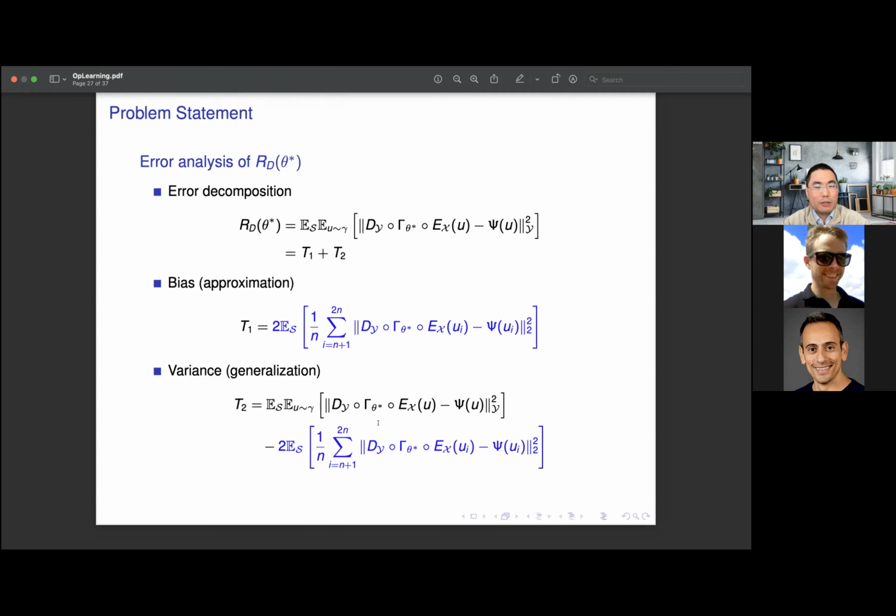As for the second one, it is called a generalization analysis. We want to quantify the difference of the empirical loss and the population loss, essentially quantify how well the average of n samples here approximates the expectation.